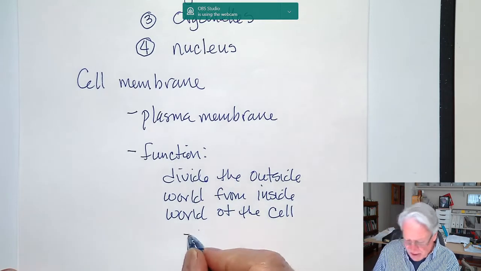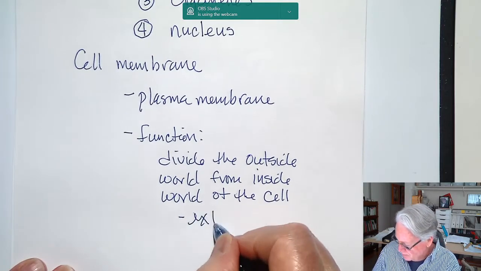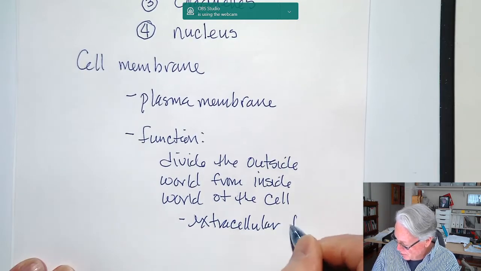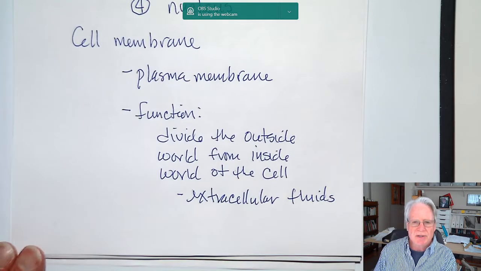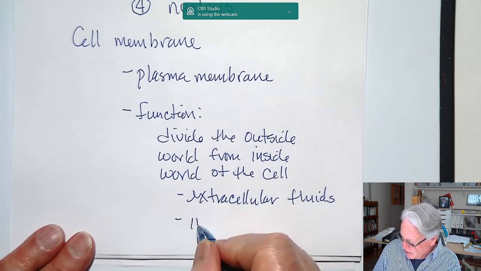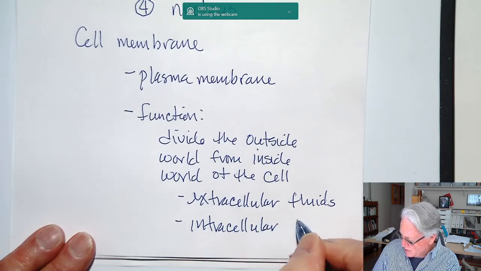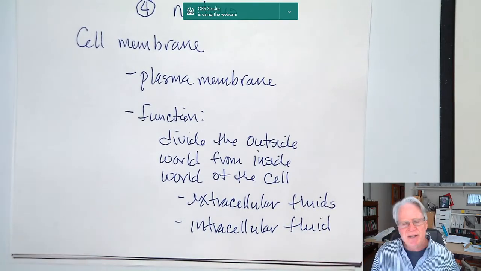And of course, the outside in your body is what? Extracellular fluids, as well as all that is found in those fluids. And the inside is the intracellular fluid, as well as organelles and other structures that we find.